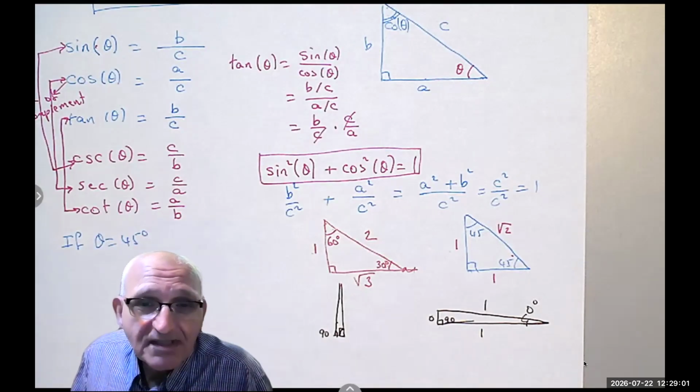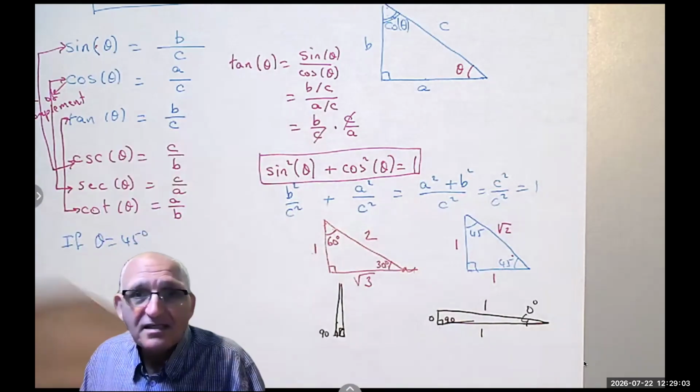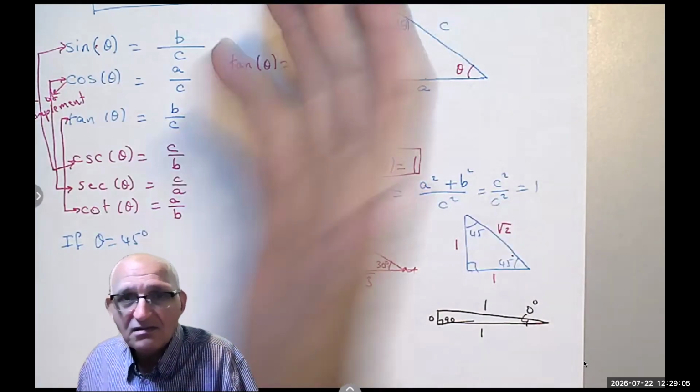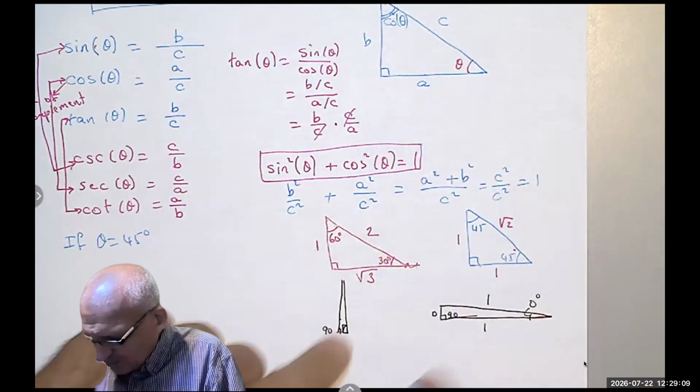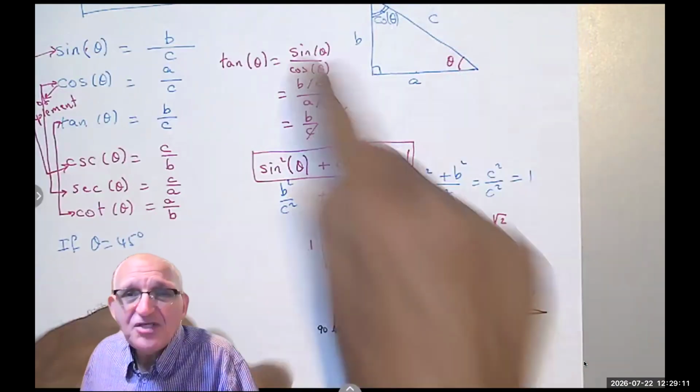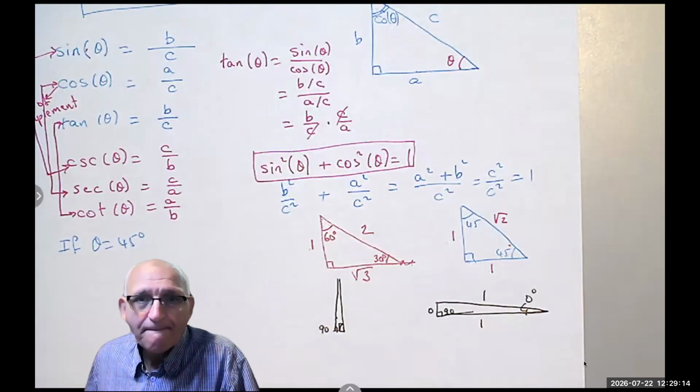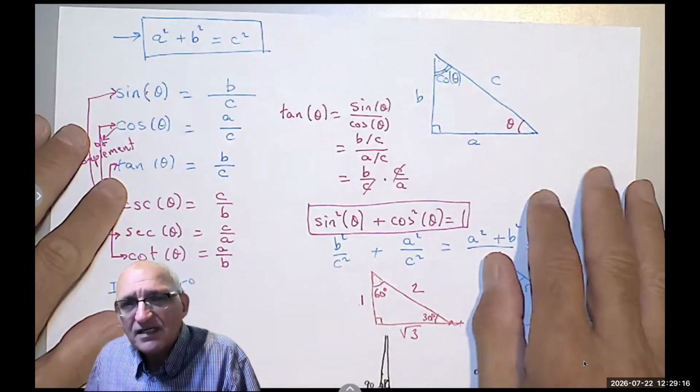Notice that up till now, we are talking about a triangle that has angles between 0 and 90. So all the angles that I dealt with, except this one, are acute angles. What if I have an obtuse angle?